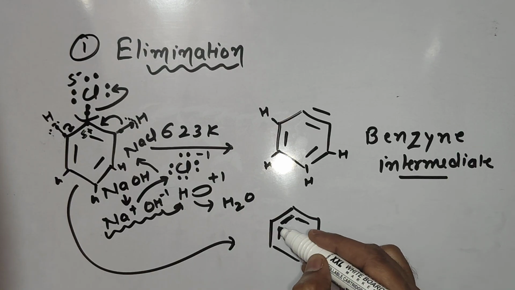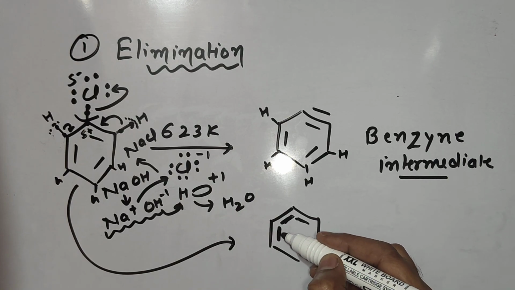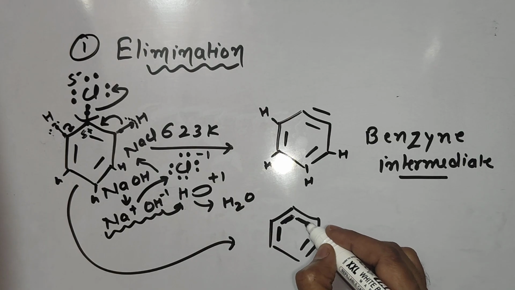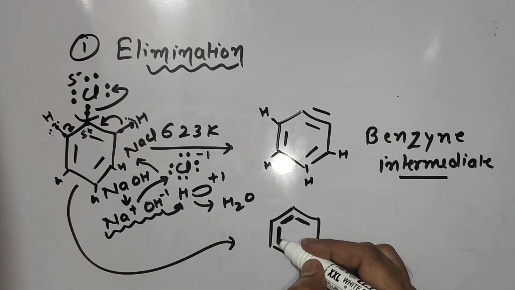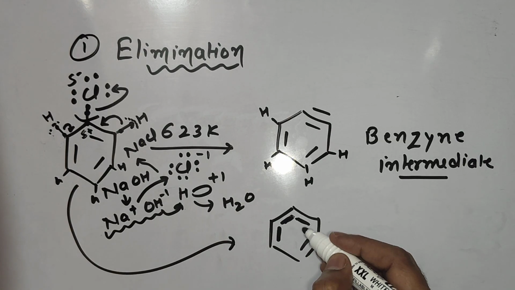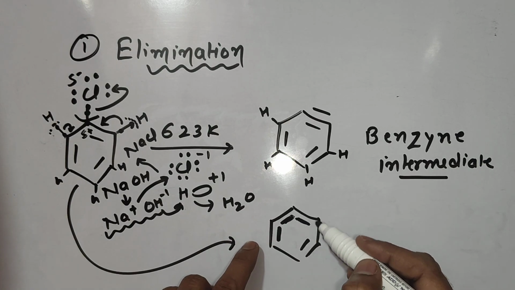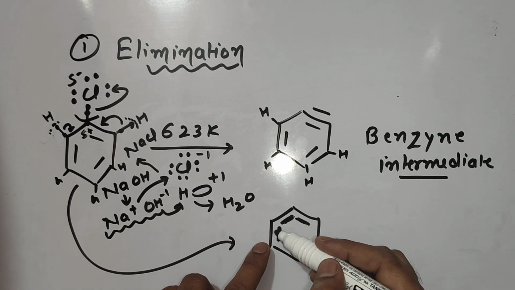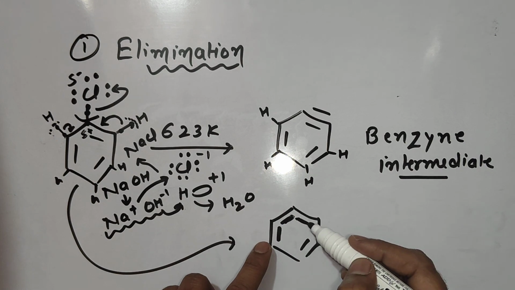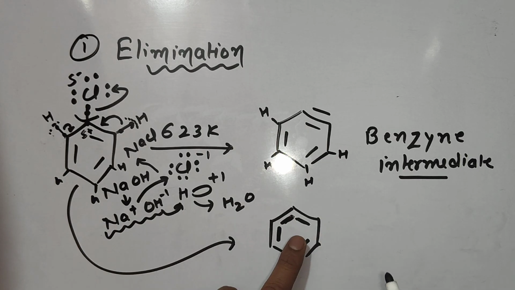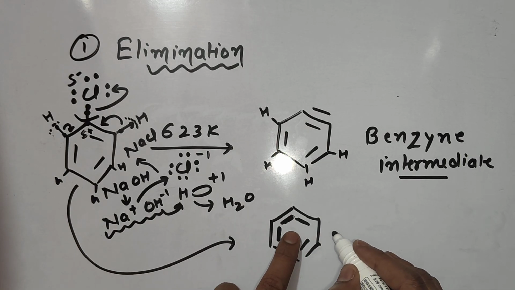Continuous 3 pi bonds will be there: first pi bond, second pi bond, third pi bond, and they are in a strained condition. You can check it's an angular molecule, not linear, with continuous pi electrons. So a lot of repulsion will generate. That's why this molecule which I have generated is highly unstable.